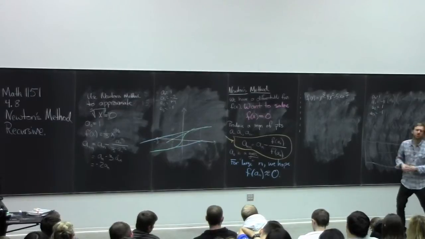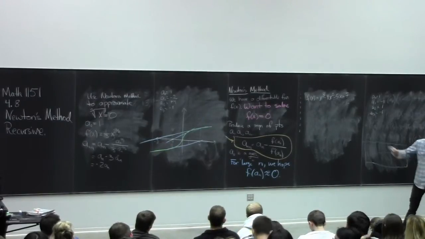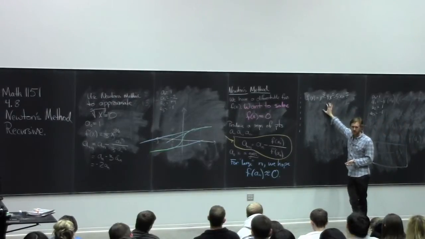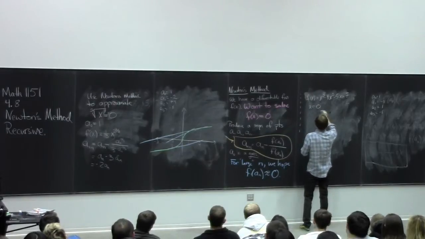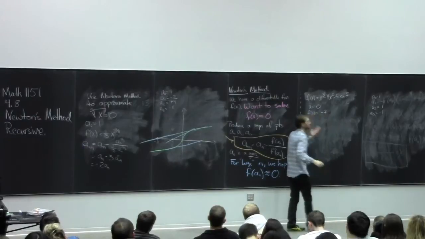One thing you should do is you should use the intermediate value theorem to help you out. Can you tell me any place where the function is negative? Like, plug in a number and find a negative number out? Yeah, so if x is equal to 0, f of x is equal to minus 7.